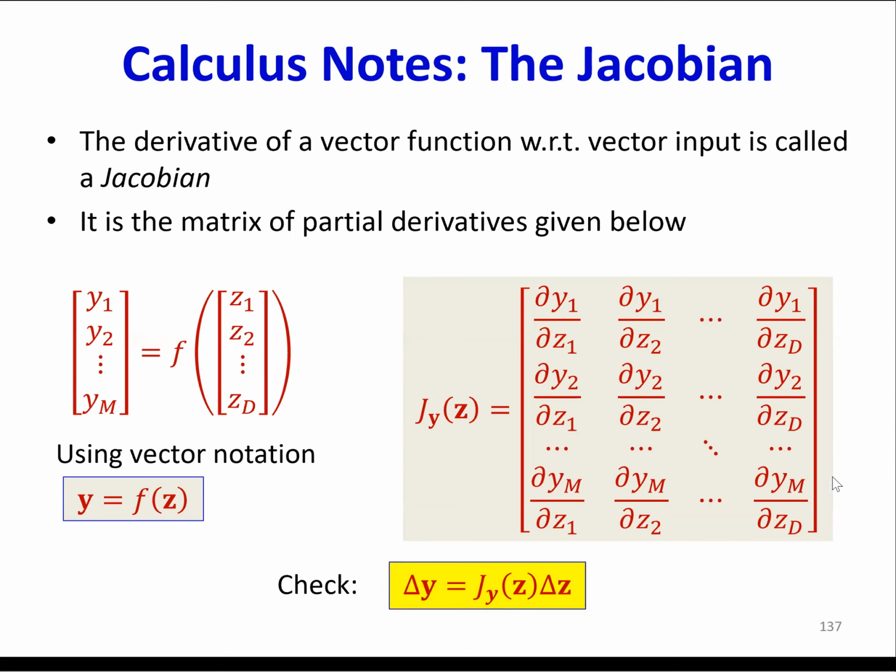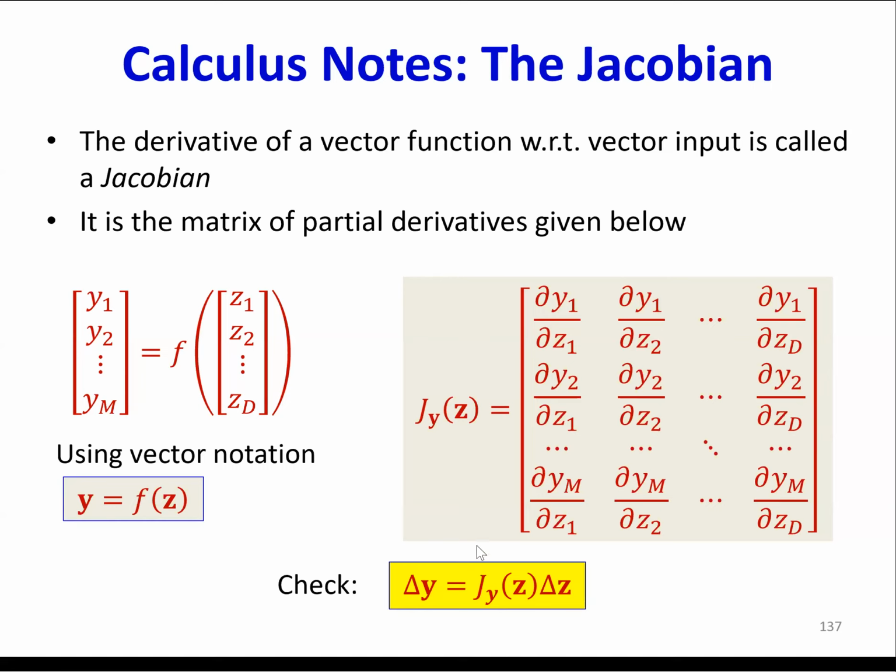So the Jacobian is a matrix of partial derivatives, where the first row is the row of partial derivatives of y1 with respect to the components of z, which is basically saying that the first row is the derivative of y1 with respect to z. And in general, the kth row is going to be the row of partial derivatives of yk with respect to the components of z. So this is your Jacobian.